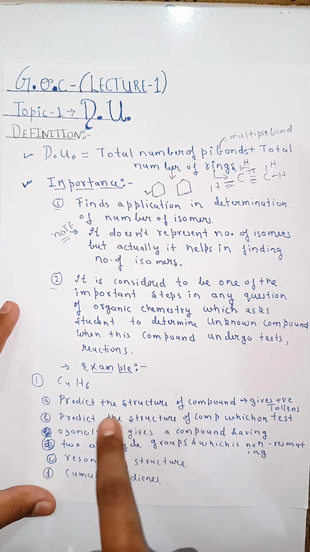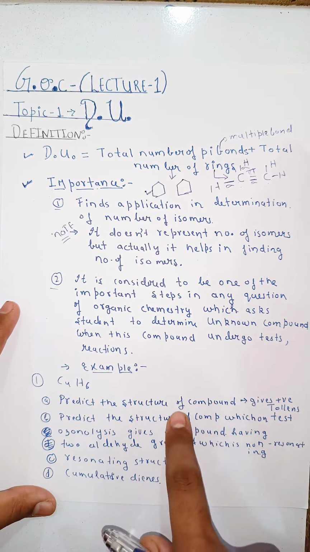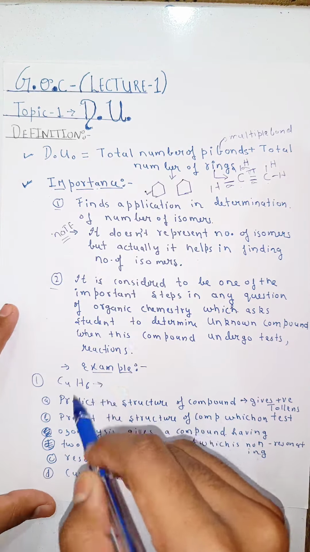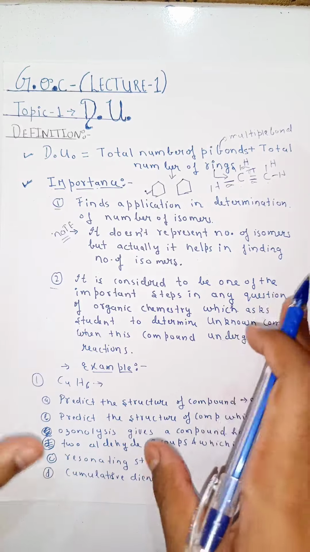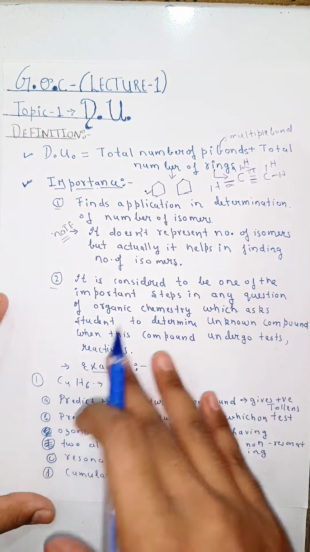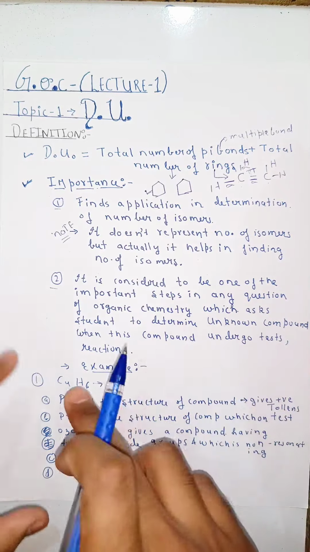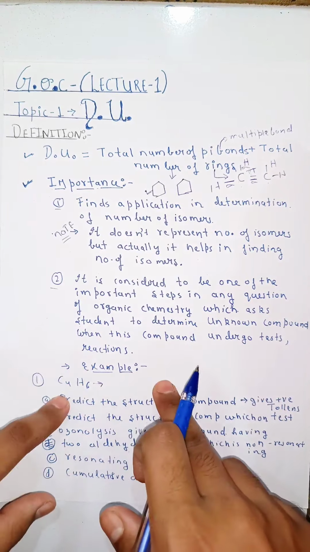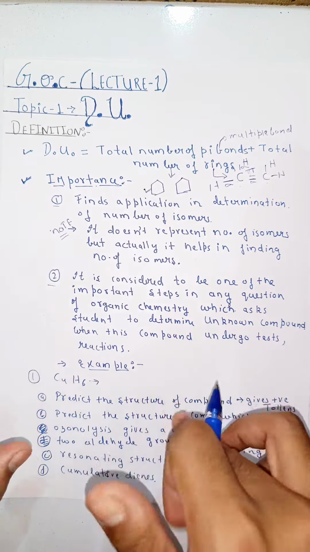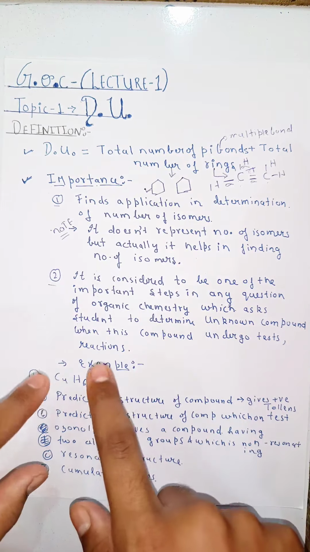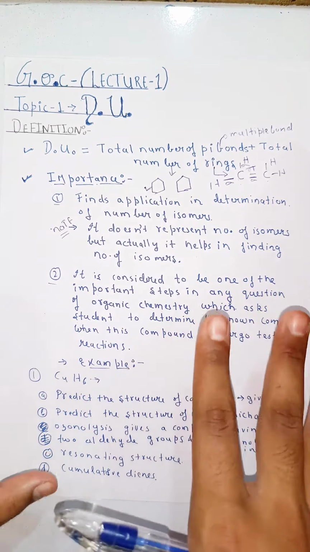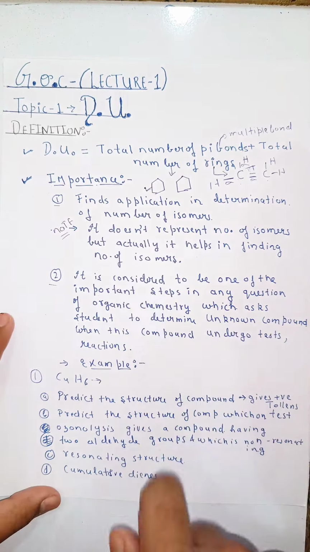First is to predict the structure of the compound. This compound, I am telling you, will have a lot of possible structures, because it's organic chemistry. One compound may have many structures. It can be an alkene, it can be an alkane, it can be a diene, it can be a ring. All these things can be handled with degree of unsaturation. All these structures we can make easily using this concept.